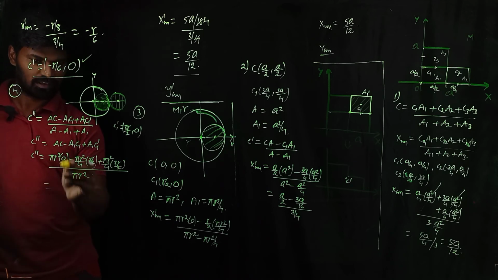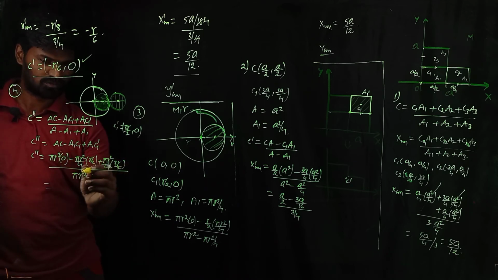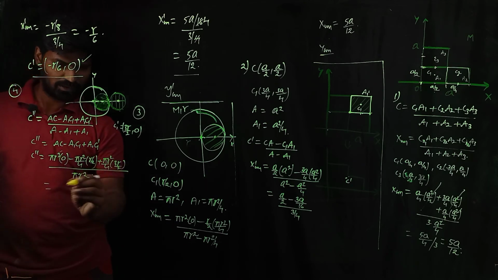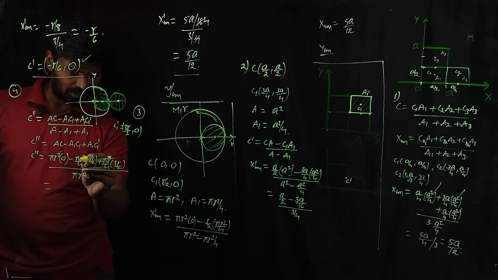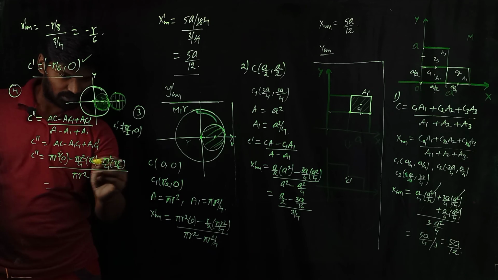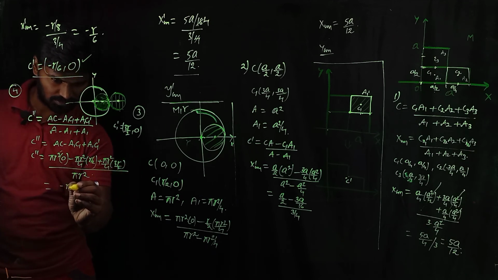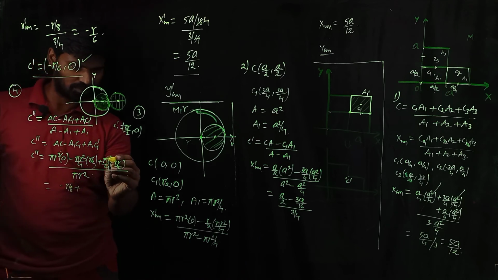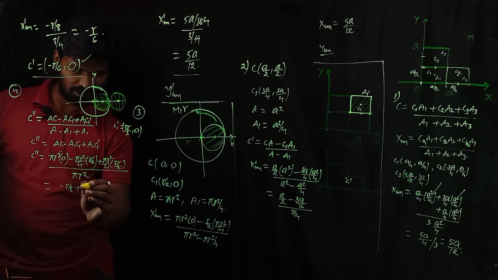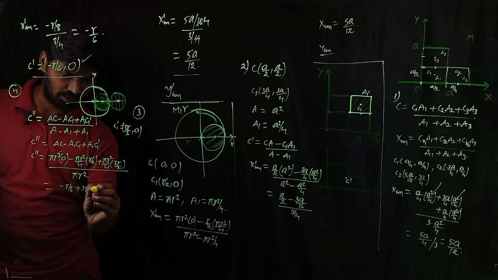Through this, pi r square gets cancelled. So what is left over? Minus r by 8, plus 3r divided by 8.